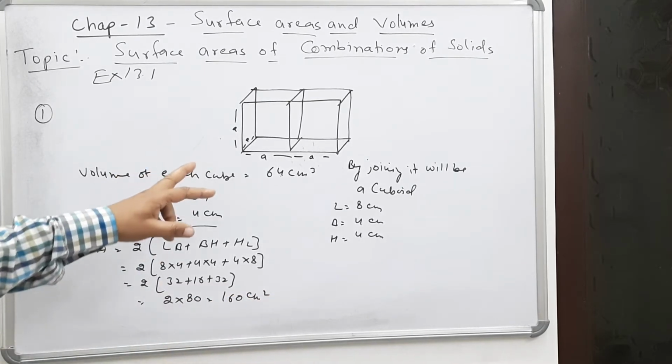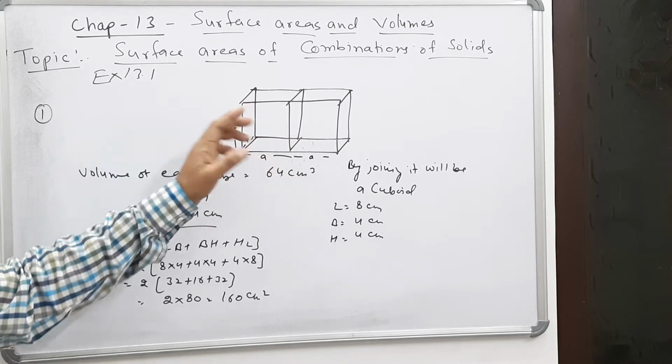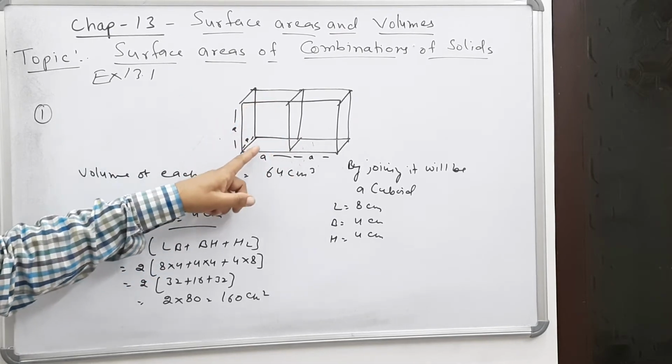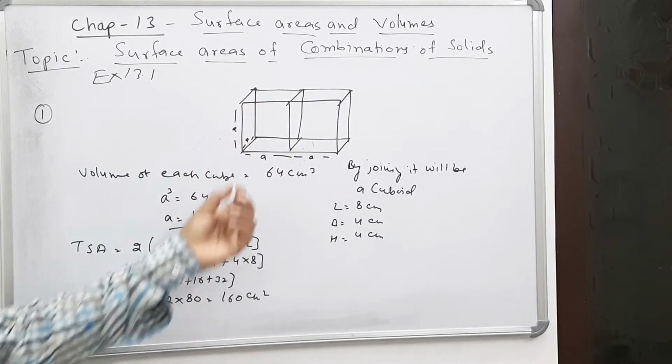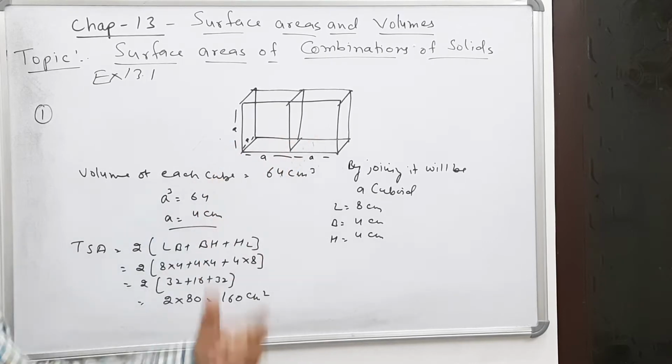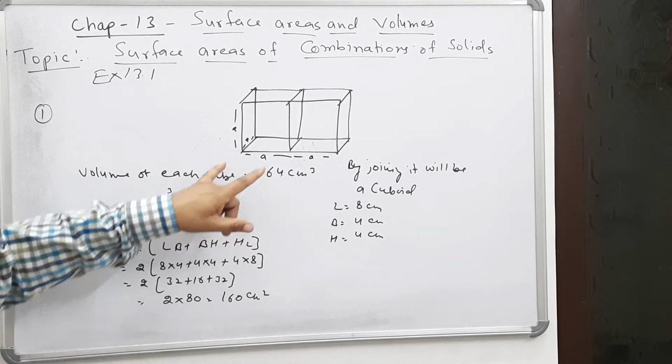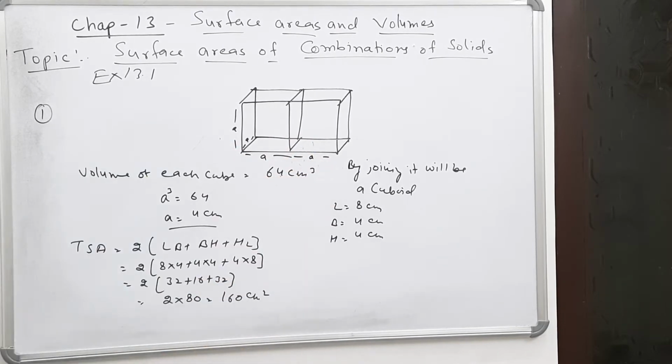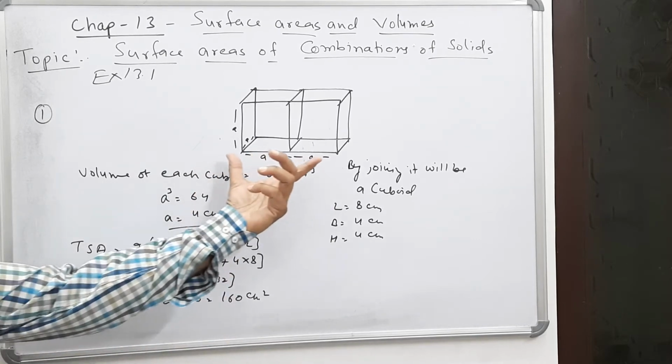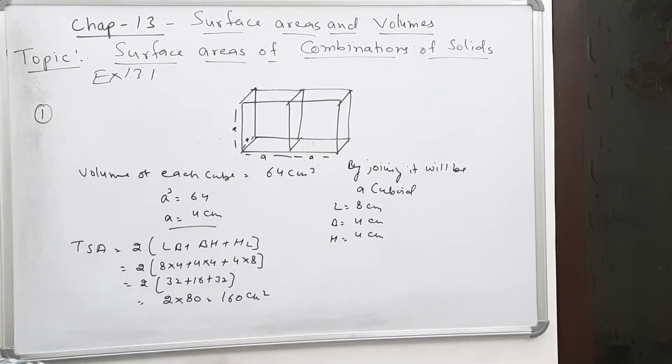That is the combination of solids, the combination of two solids which are cube and cube. When you join two cubes together, it will become a cuboid, because in that case one side will be longer and it will be 8 centimeters. You see the second problem.